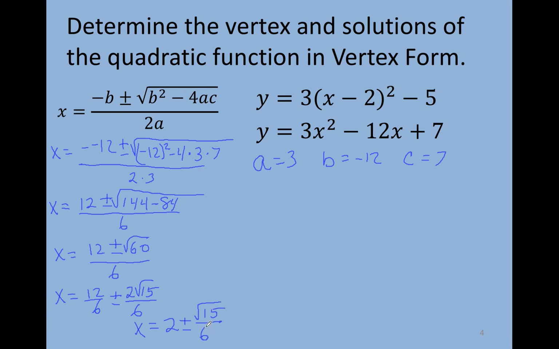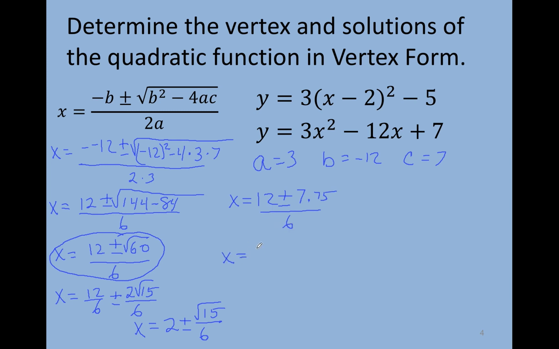Okay, so I'm going to give you the decimal equivalent. I'm going to take this part right in here. I'm going to say x is equal to 12 plus or minus the square root of 60, and the square root of 60 is about 7.75. Put that over 6.